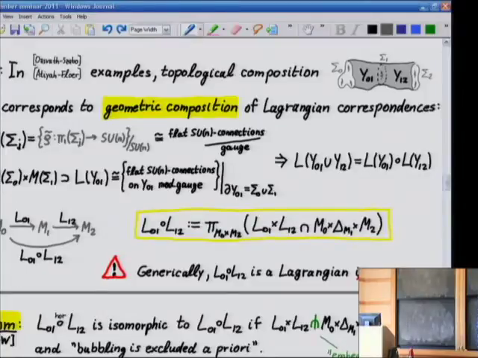I should take the flat connections on the whole cobordism and restrict them to the two boundary slices. Which means I'm taking a flat connection on Y01 and flat connections on Y12, and I'm asking them to restrict to the same thing in the middle, because otherwise they're not going to make a flat connection on the whole thing. And then I'm going to completely forget everything in the middle. I'm just going to project to the boundary values. So intersecting with the diagonal is asking to match up in the middle, and then I project to the two outside components.